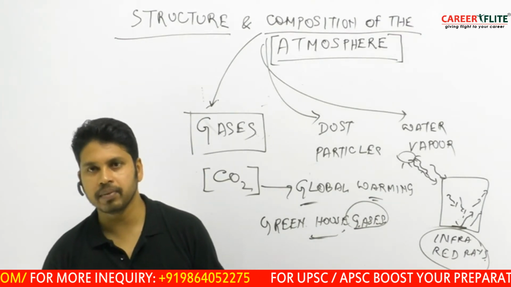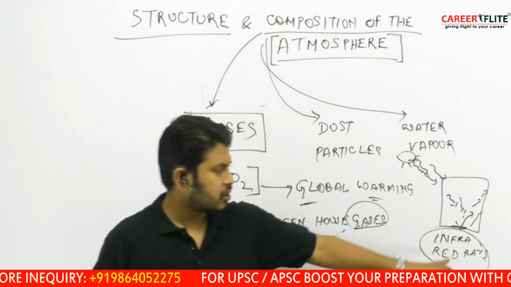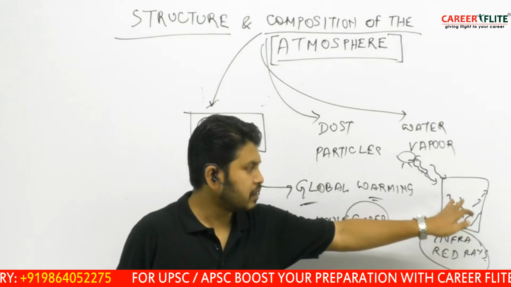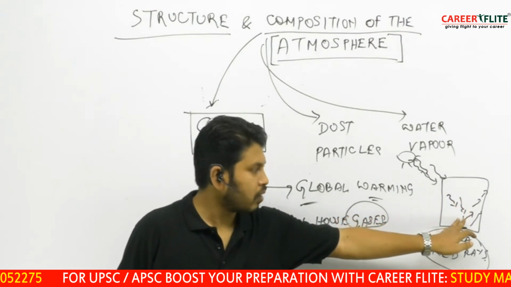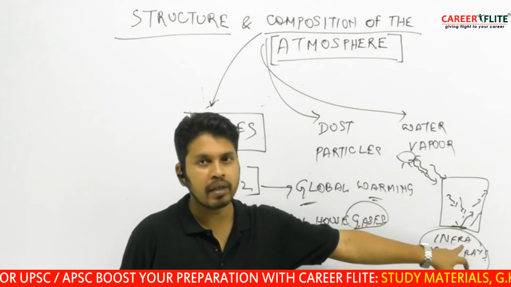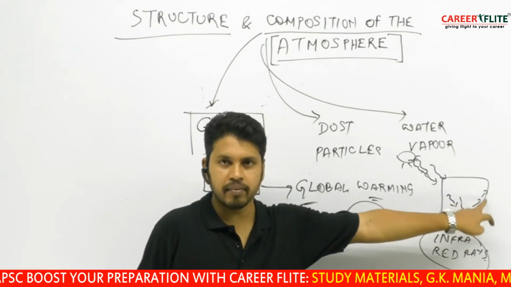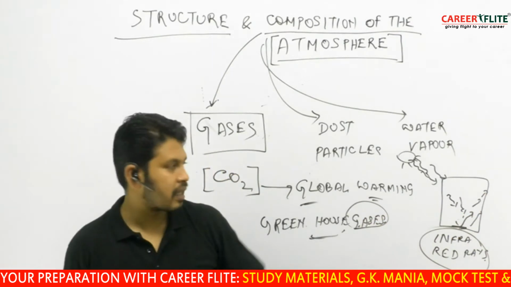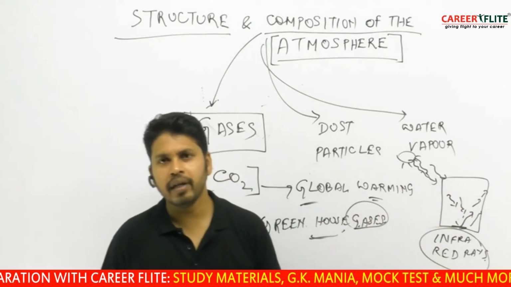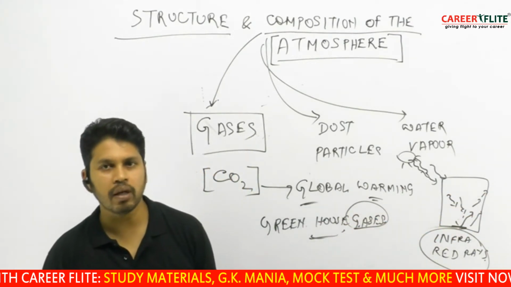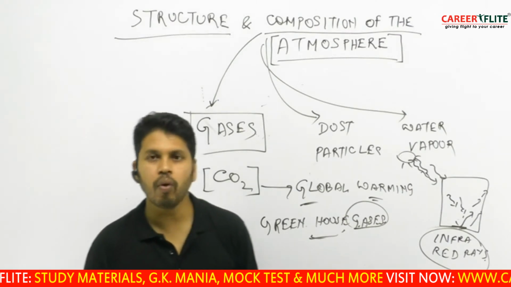So these infrared rays come inside the glass chamber, and while going back, most of them are trapped by the glass chamber. The glass allows all the radiation to come in, but does not allow most of the infrared rays to go out of the chamber.